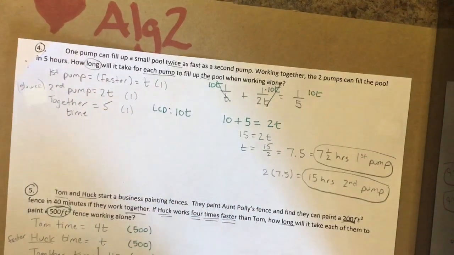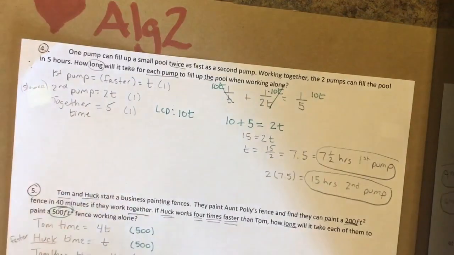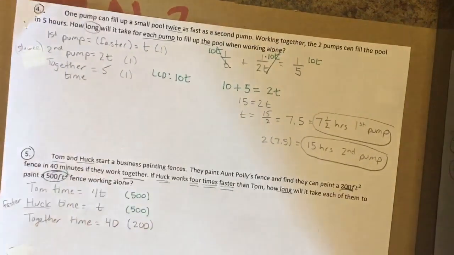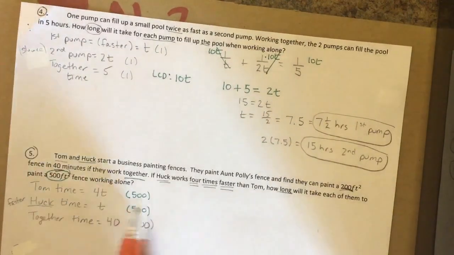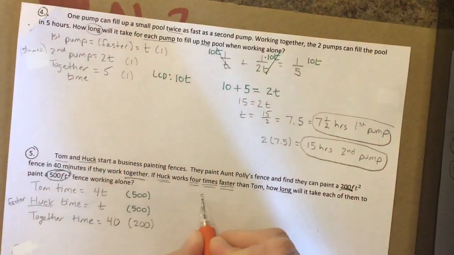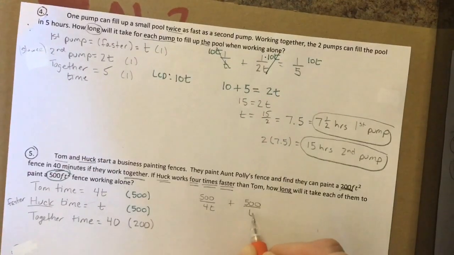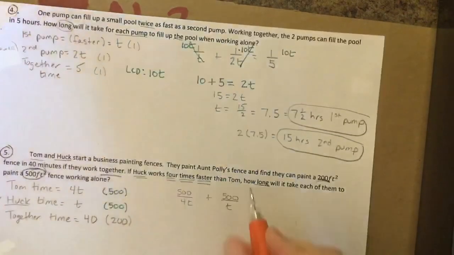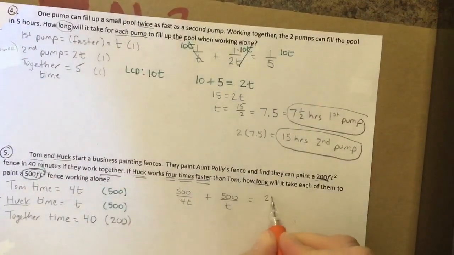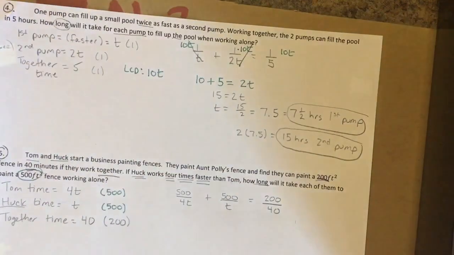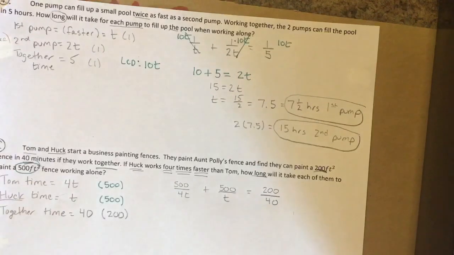So I have to think about what it's asking for, time. Now we can set it up. We've got Tom's work over time, 4T, plus work, 500 over time, T, alone equals work, 200 over time together, 40. Do I need an LCD? Absolutely, I need an LCD.